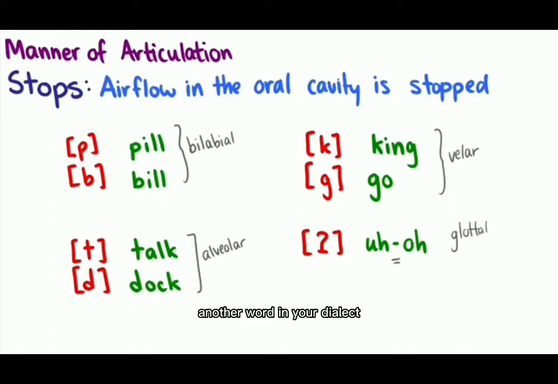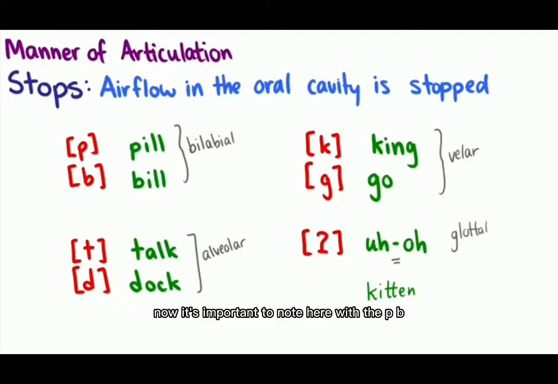Another word, in your dialect, it isn't true for all speakers of English, but in a word like "kitten" you might have the glottal stop here. Some people say "kitten", some people say "kitten", and other people say "kit-en" with the glottal stop.